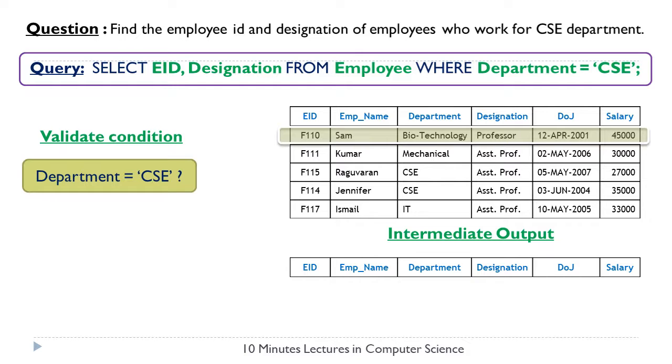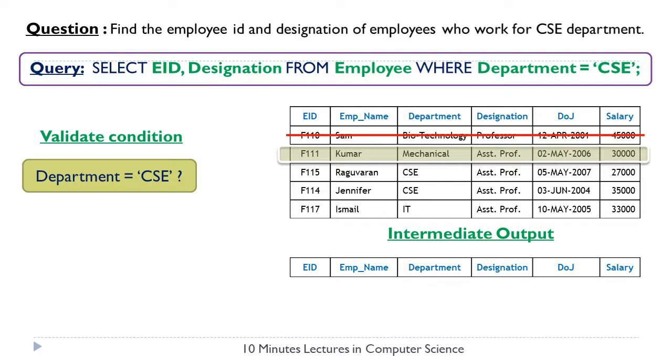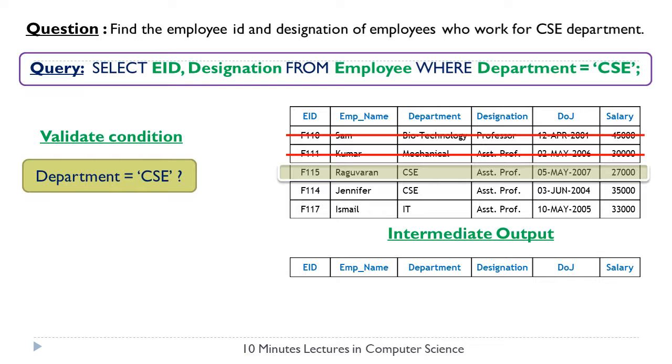For example, the first record's department value is biotechnology, so that record is rejected. Likewise, the second record, which is mechanical, and the last record, which is IT, are also rejected. The third record and fourth record have the value CSE in the department column, so both are included in the intermediate output.